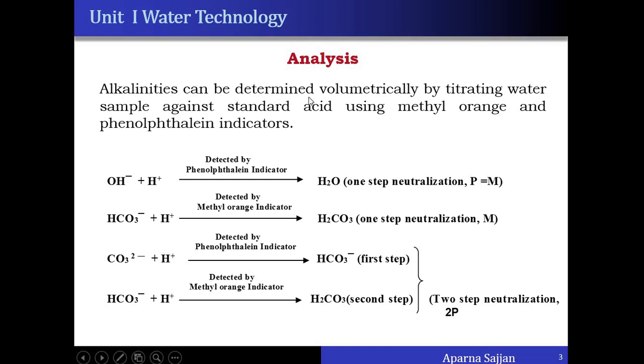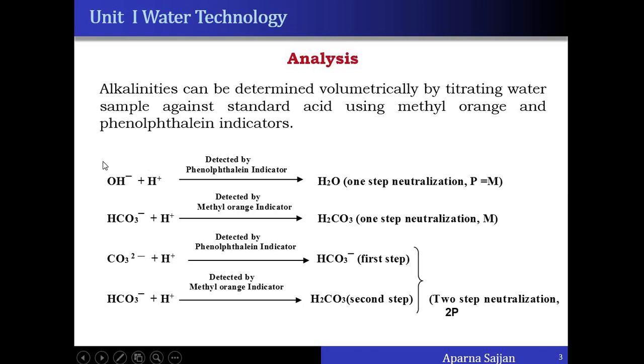Alkalinity is determined volumetrically by titrating water sample with acid. That means normal acid-base titration is used, and the acid-base indicators like phenolphthalein and methyl orange are also used in the titration.